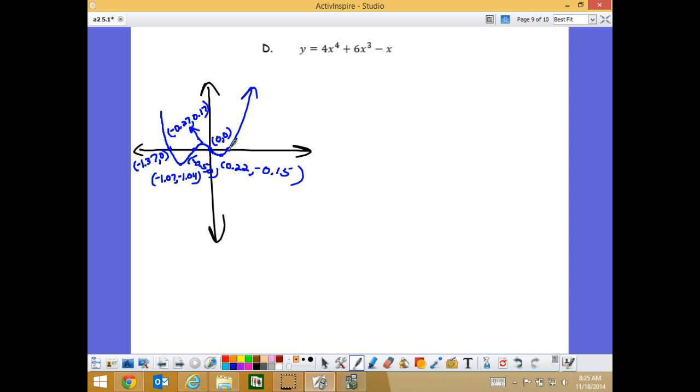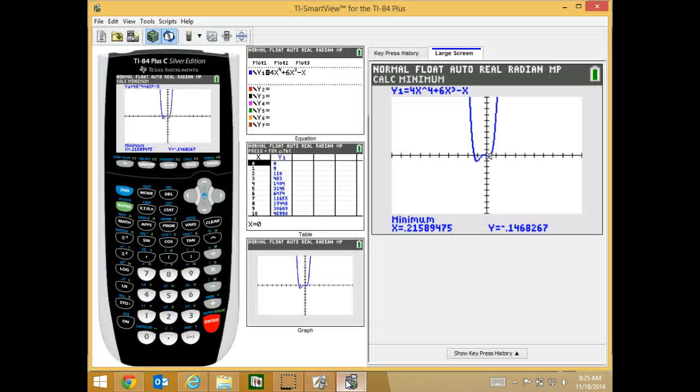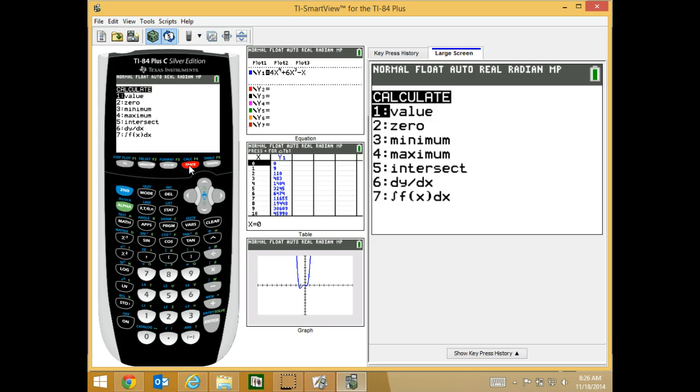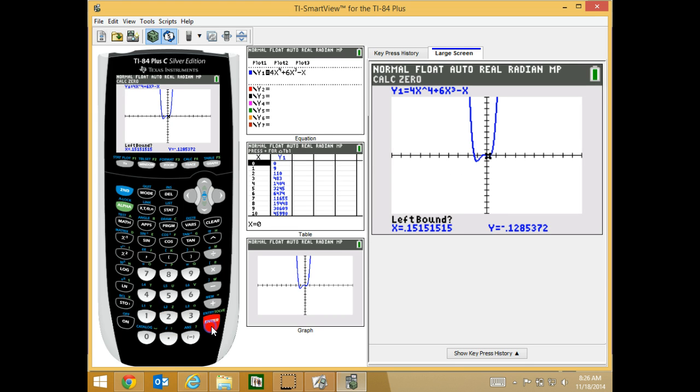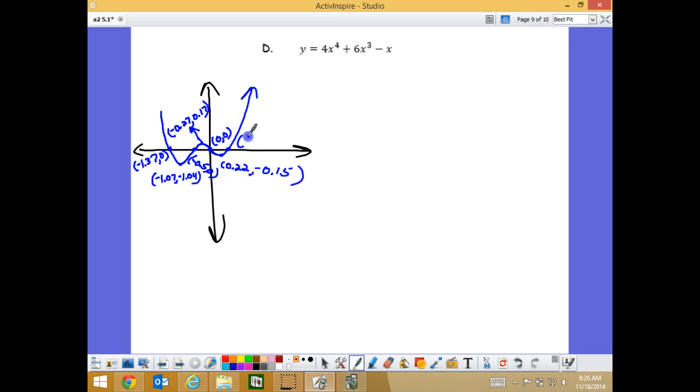And finally, we have one more zero to calculate. And that's at 0.37. Now, phew, it's a lot of points to graph. Now we're going to analyze this function.